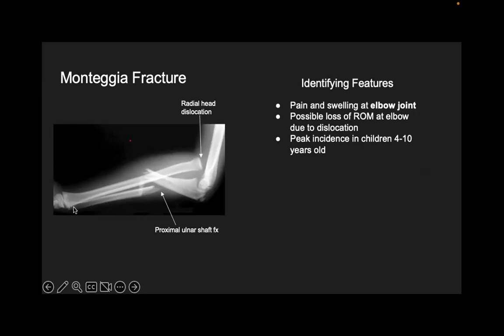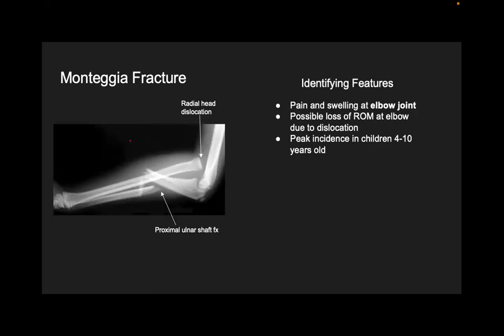Now that we've described that, we could either describe the two components of what we see here, or we could group this together and say these are both components of the Monteggia fracture, so we could just call it that. And if I say that to my attending on the phone, they're going to completely understand that I have a proximal ulnar shaft fracture, and I'm also going to have dislocation of the radial head, okay?